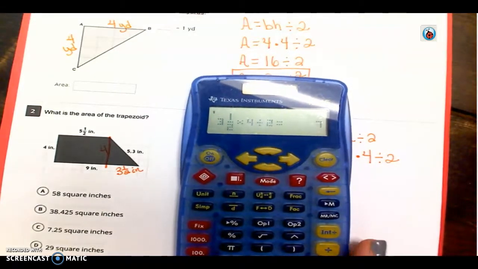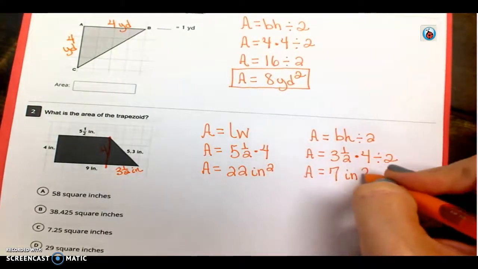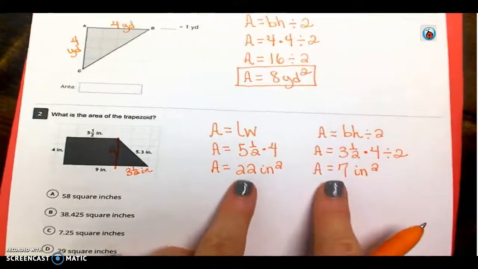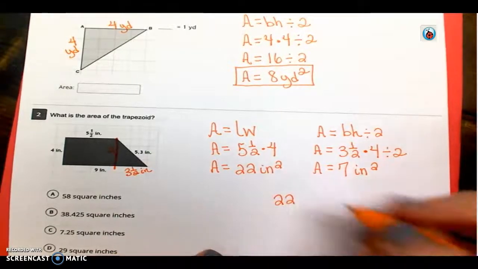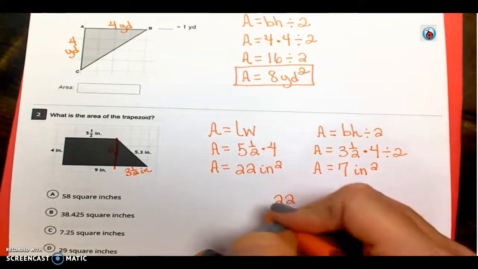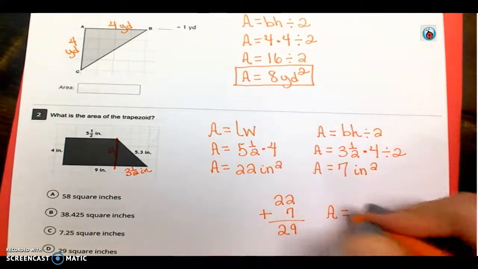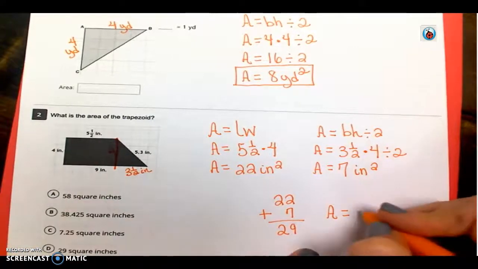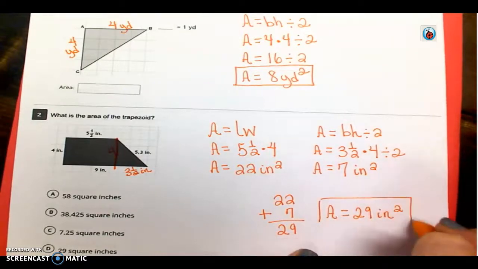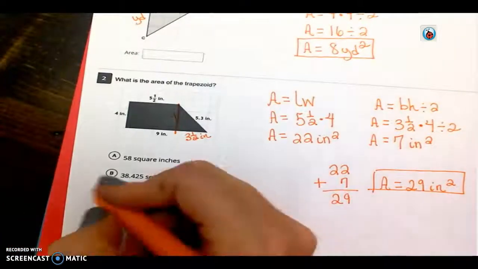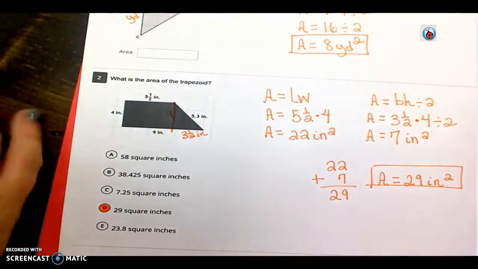And that will give us 7. So 7 inches squared. And now we need to combine and put this back together. So we have the area of the rectangle, we have the area of the triangle, and when we add that, we get 29. So we know the area of the entire trapezoid is 29 inches squared. Okay, so that is going to be choice D. Choice D.